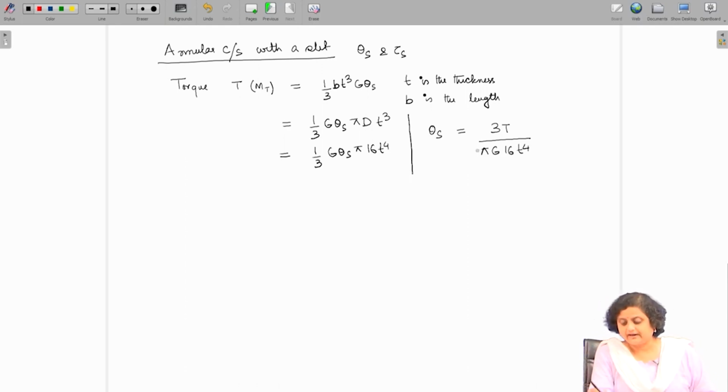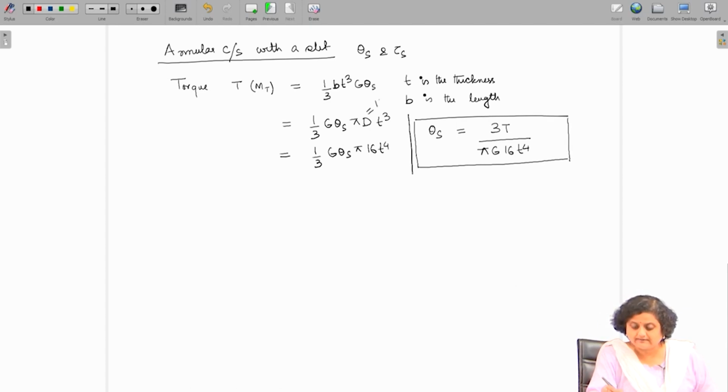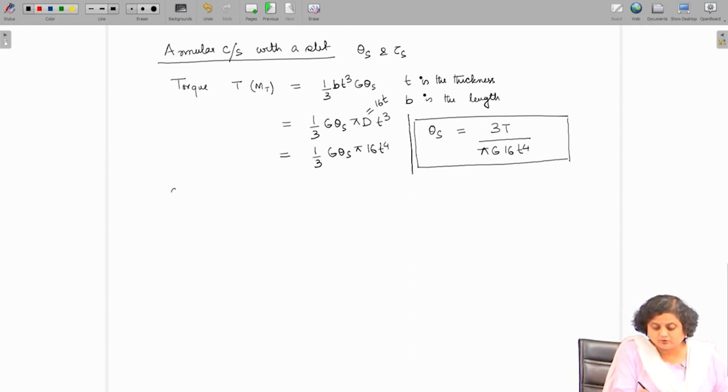This is the expression for the rate of angle of twist for an annular cross section with a slit, where D is given as 16 t. Now, let us see what it is for a closed cross section annular structure.